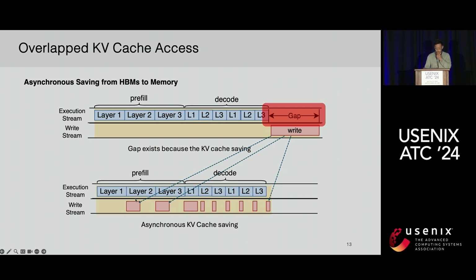For example, when computing layer 2, we can write the KV cache produced by layer 1 into the KV caching system, and so on. We can make the KV cache writing and the computation overlapped, and then the gap can be reduced.